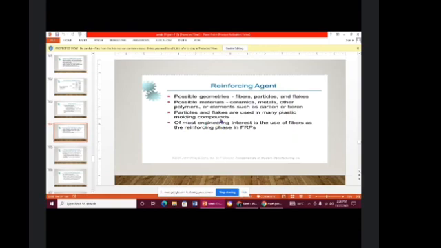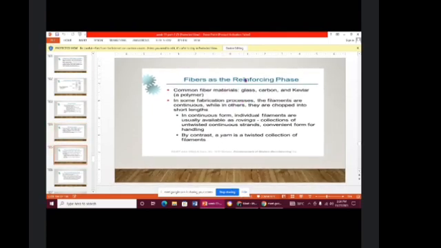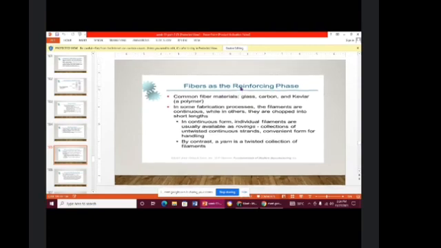Of most engineering interest and use are the fibers as the reinforcing base. Next is the fiber as the reinforcing base. The common fiber materials are glass, carbon, and Kevlar polymer.